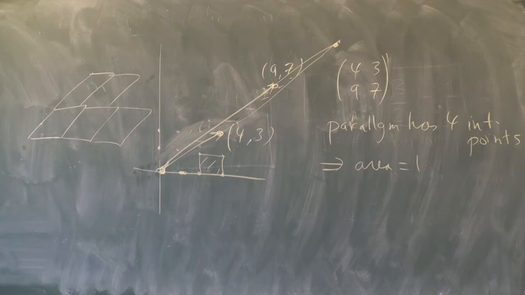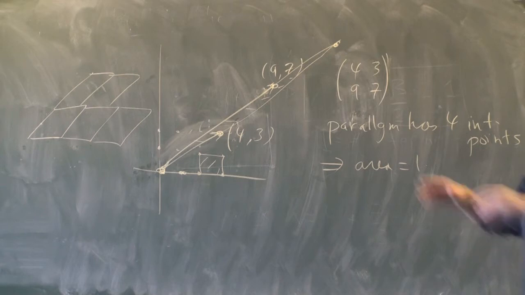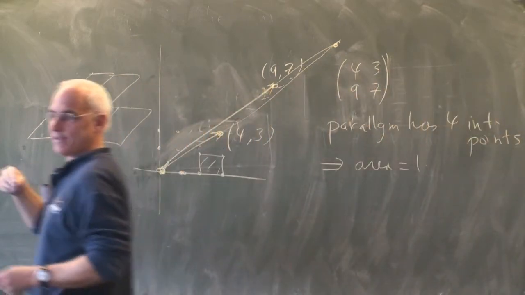Because I've got to cover all of the points in there, and each square takes 4 points, and each parallelogram takes 4 points. So the numbers of them have to be roughly the same. Not exactly, because this one's long and skinny and will stick out a little bit beyond the boundary. But if I take a big square, then they'll be practically the same.